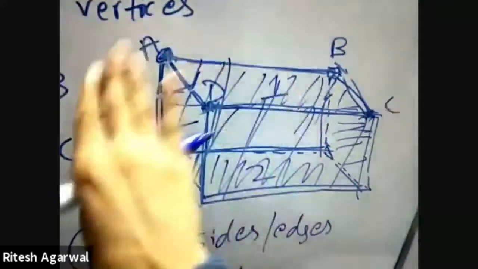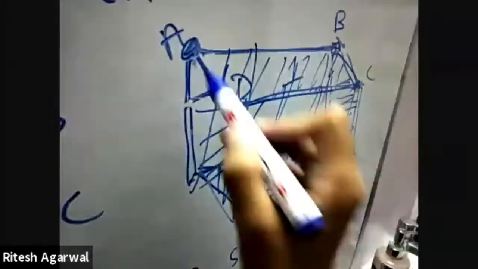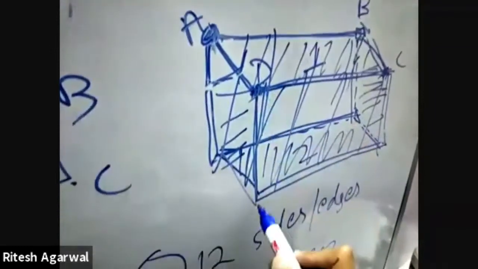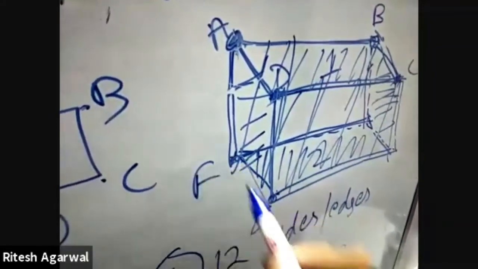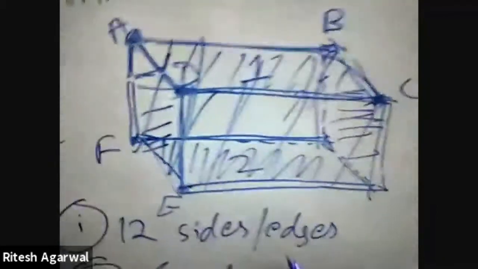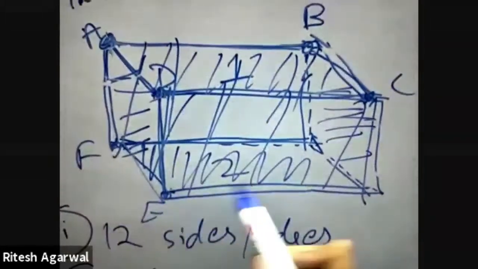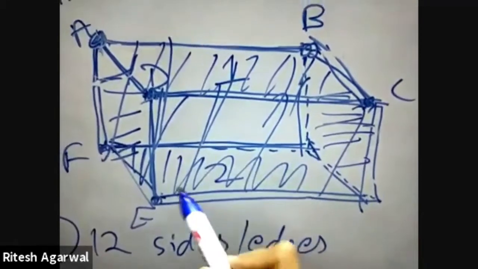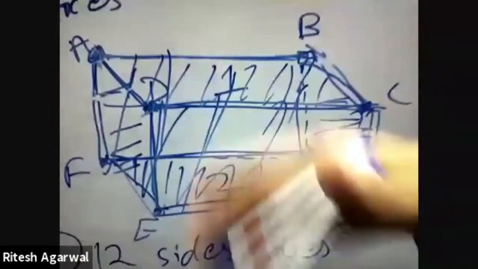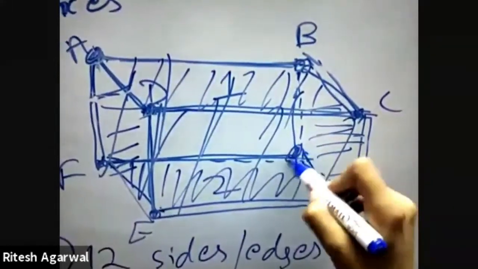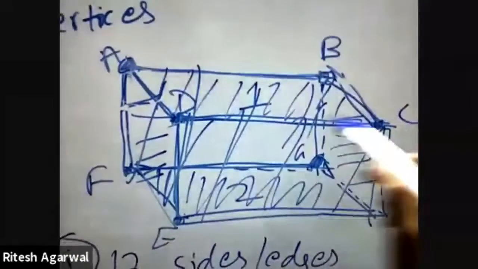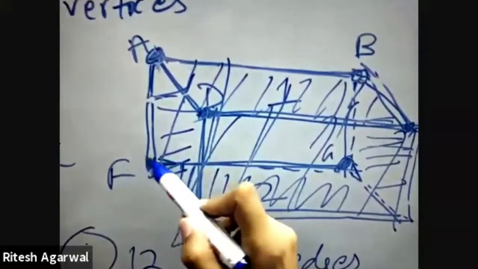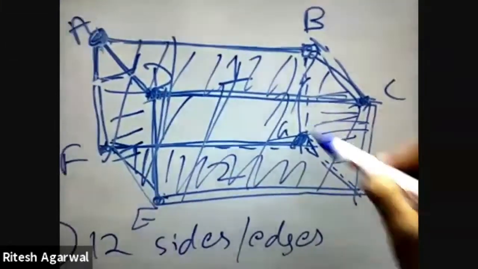Now let us come to this side. AD is already mentioned. Let us call this vertex E, and let us call this vertex F. Now let us go to the back of it. Let's call this vertex G. Then let's come here again.